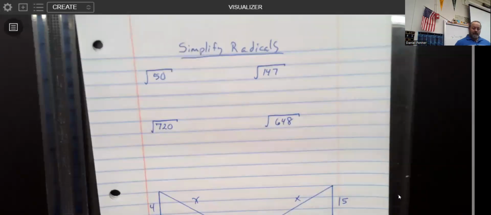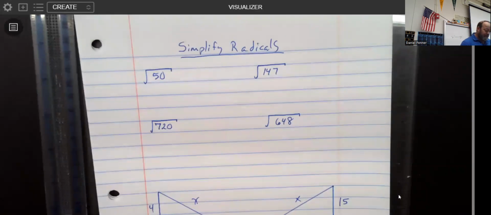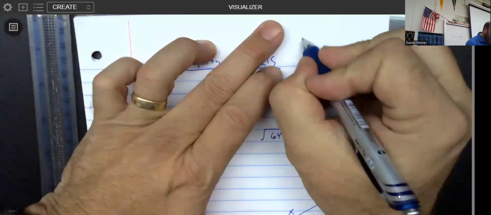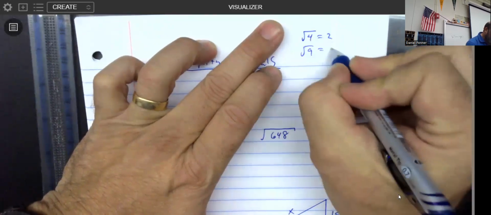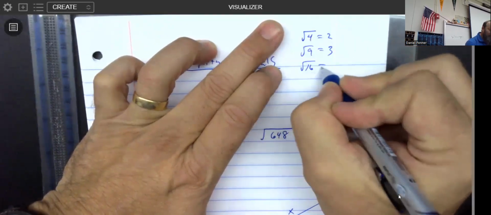So remember in class, one of the things we talked about is that we want to break this down into things where we're looking at pairs. We want to remember that the square root of 4 is 2, the square root of 9 is 3, and the square root of 16 is 4.